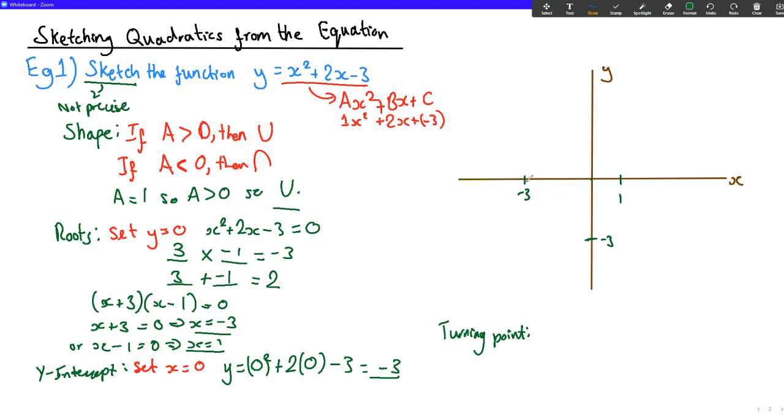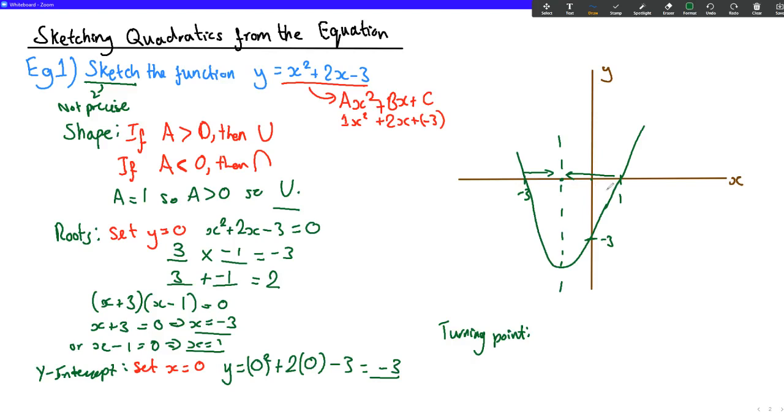So, for example, if this isn't my final sketch, but if I did something like that, this would be symmetric on either side of the turning point. So if we found this middle bit, which is in between the two roots, we can figure out the turning point, right?